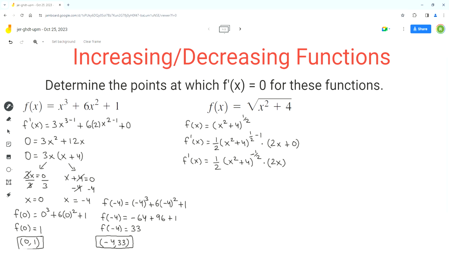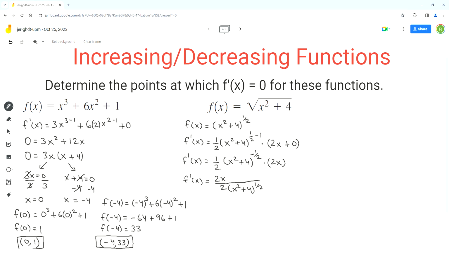Now we can multiply the terms. So we can multiply the half by 2x. So we get f prime of x equals, half times 2x will be just 2x over 2, and we can move this x squared plus 4 to the denominator to make the exponent positive. So we get (x squared plus 4) exponent half.